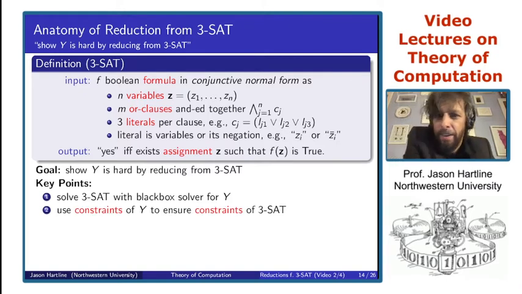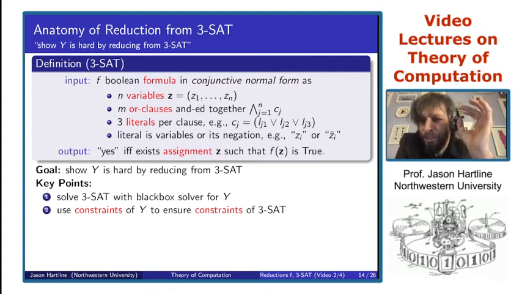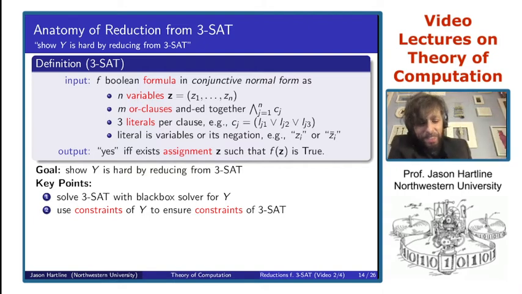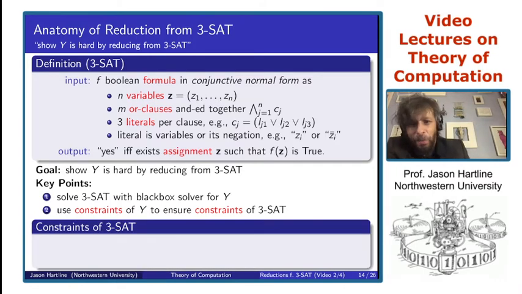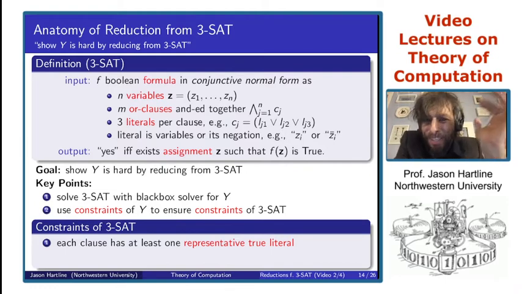Great. And how are we going to use this computer to solve 3-SAT? We have to use the constraints of y to ensure the constraints of 3-SAT. And what are those constraints of 3-SAT? In order for 3-SAT to be true, we need a representative literal in every clause to be true.